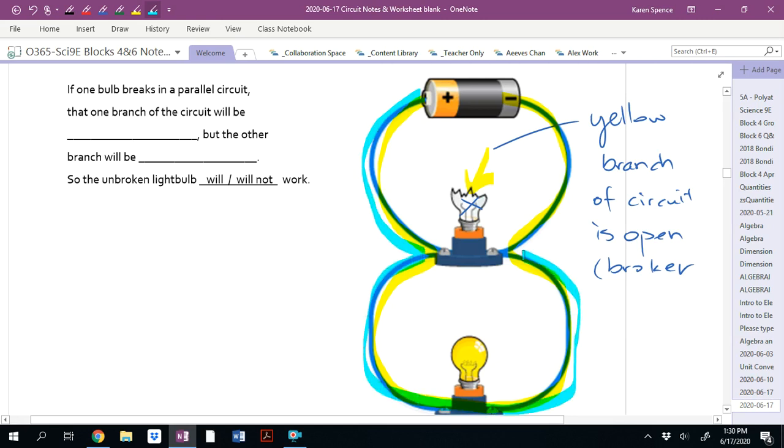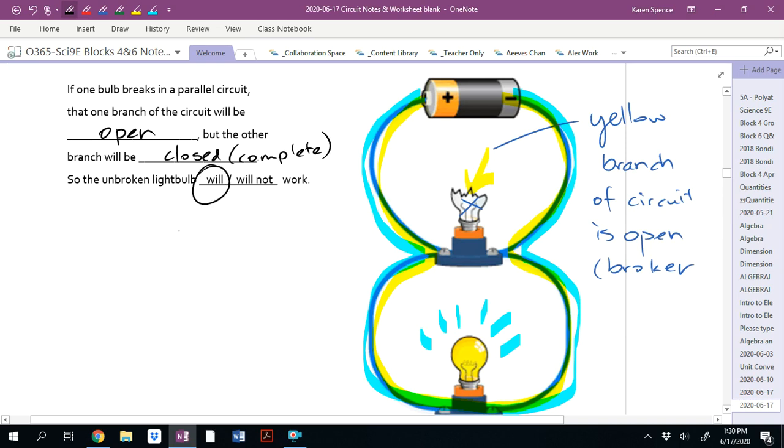So actually, this second bulb is going to be brighter than it was before because it's got more electrons passing through it. But this second light bulb can continue to glow because we have a complete path. One of the pathways is broken, but the other pathway is not broken. So this will be open, but the other will be closed or complete. So the unbroken light bulb will work. Woo, how exciting.